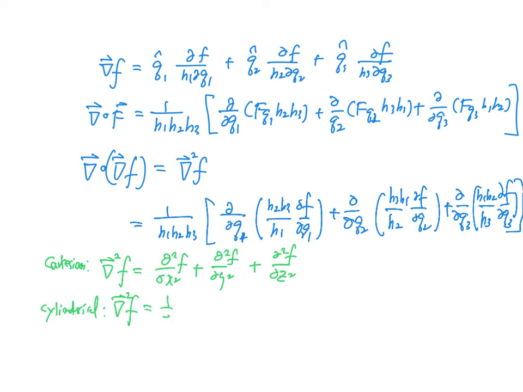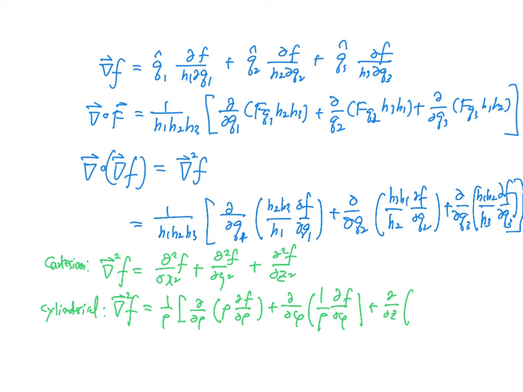So this is 1 over rho, partial rho, H1 is simply 1, H2 H3 is rho, partial rho partial F. Partial phi, H2 is rho, so 1 over rho, H1 H3, H1 is 1, partial phi, partial F. Partial z, H3 is 1, but H1 H2 is rho, so rho, partial z, partial F.